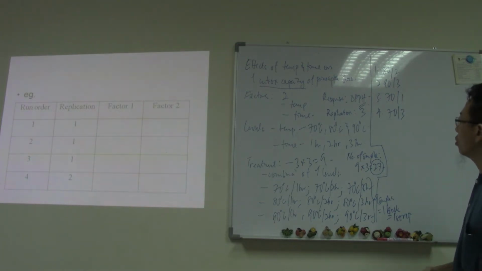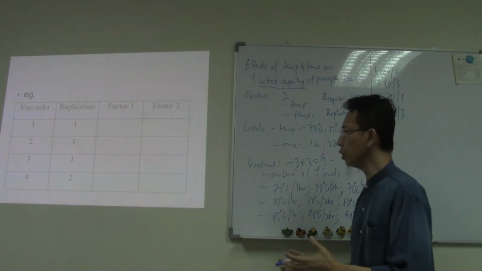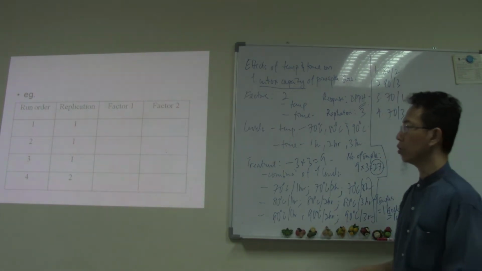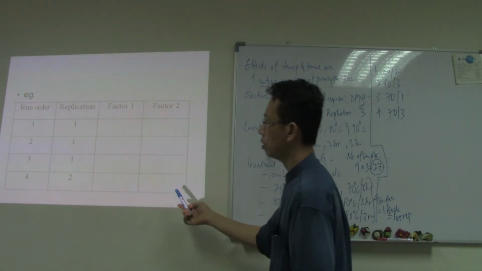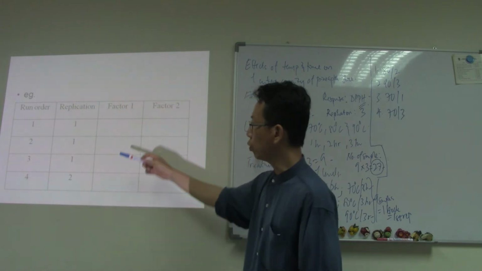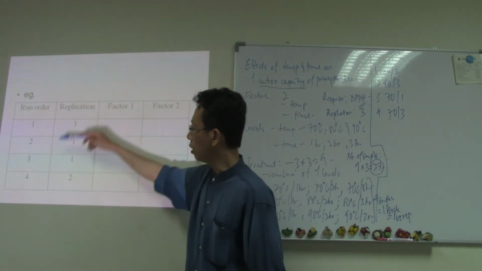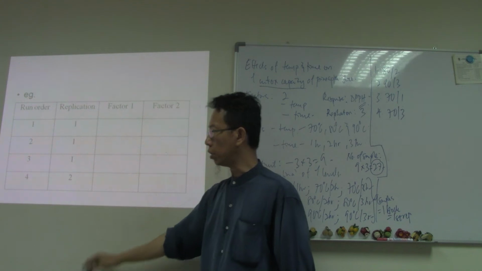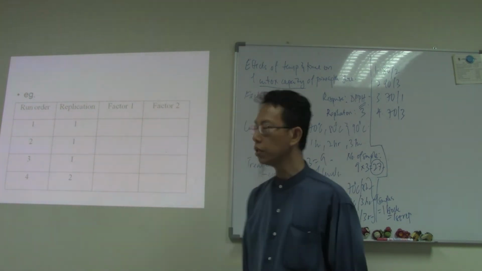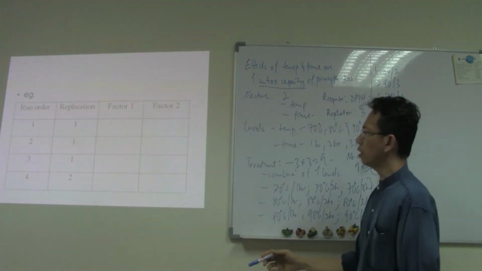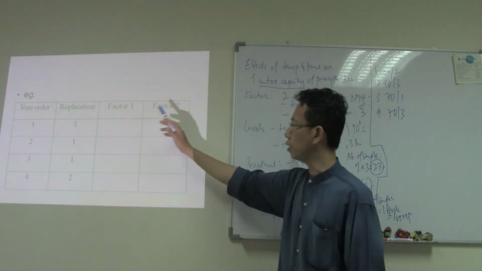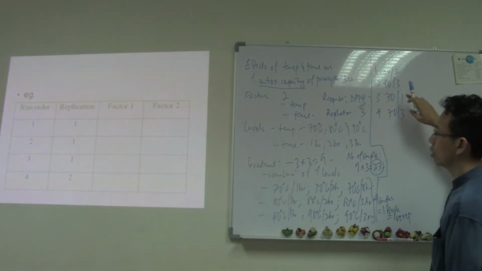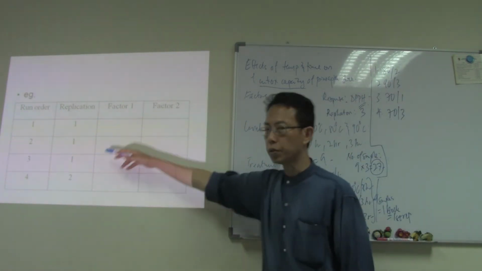So how do we list it? This is just a suggestion, one way of doing it. This is the run order, and then this is the replication: 1, 1, 1, 1, then 2, 2, 2, 2, and then 3, 3, 3. Then we have the first factor, and then the second factor. If this is our run order, this is the first replication.